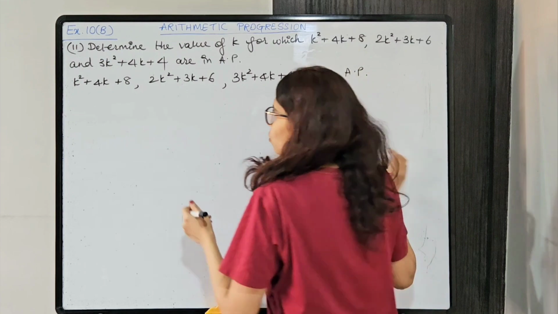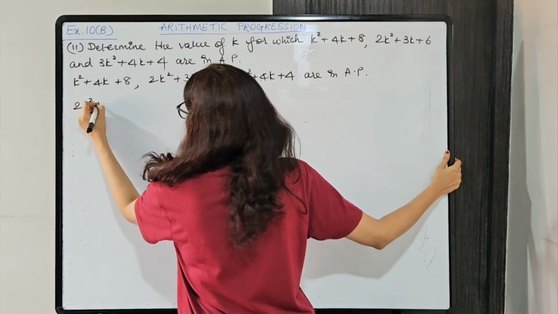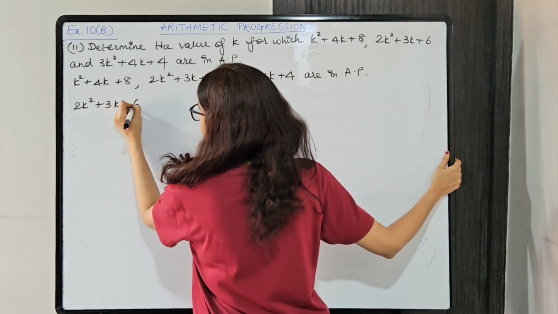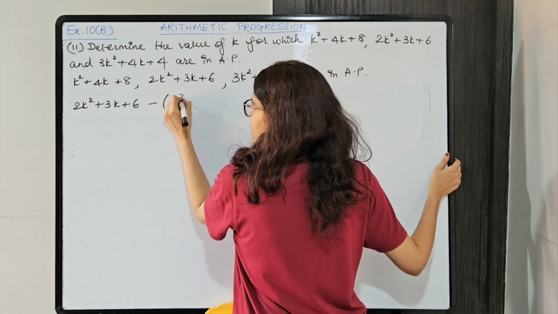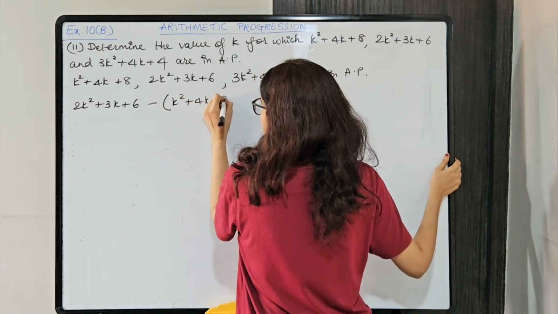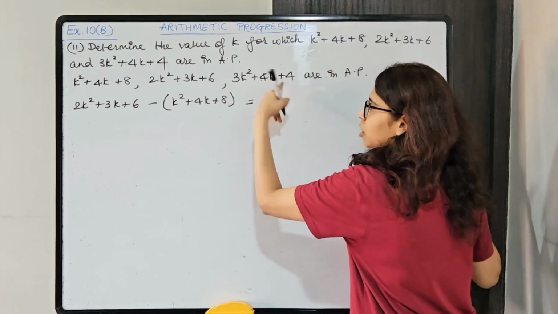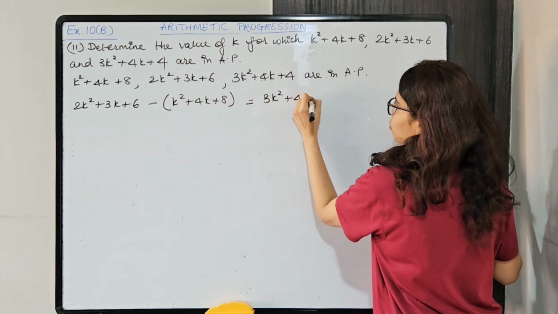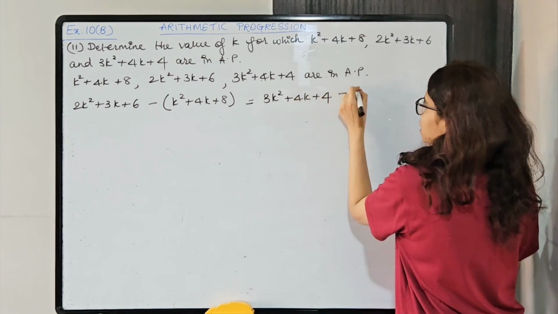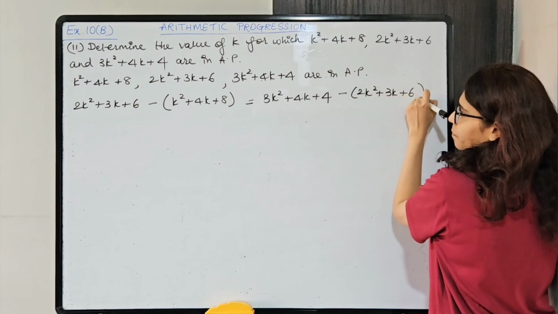Okay, so second term minus first term, that is 2k square plus 3k plus 6 minus, put brackets, okay, k square plus 4k plus 8. जो difference है it will be equal to third term minus second term, that is 3k square plus 4k plus 4 minus 2k square plus 3k plus 6.